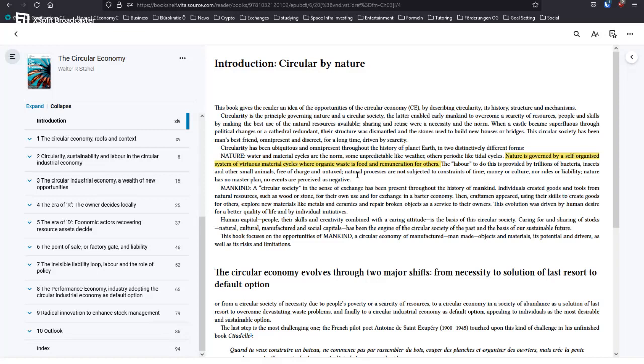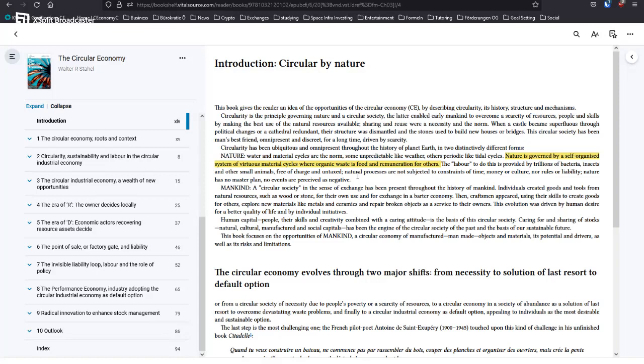And that input, which will then be output in a different form again, is also input for another system. And this leads to thousands and millions and trillions of biologically governed feedback loops in nature that are really hard to fathom.